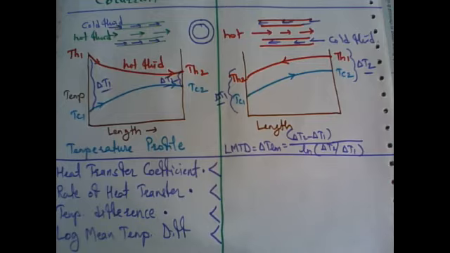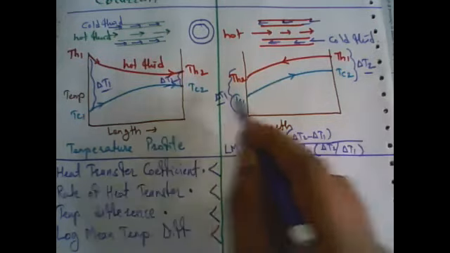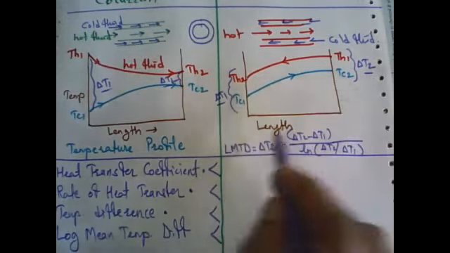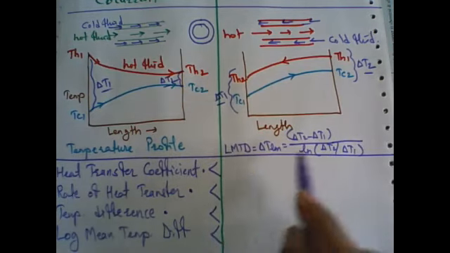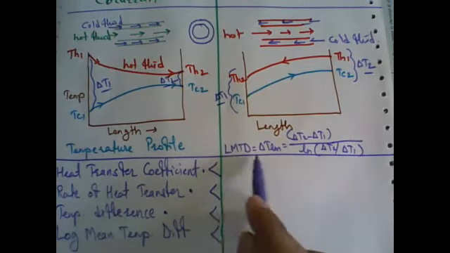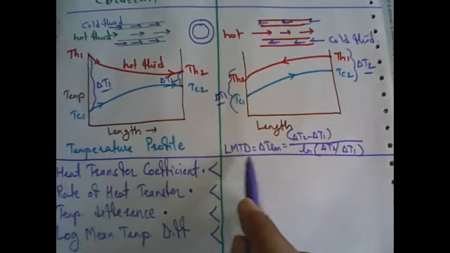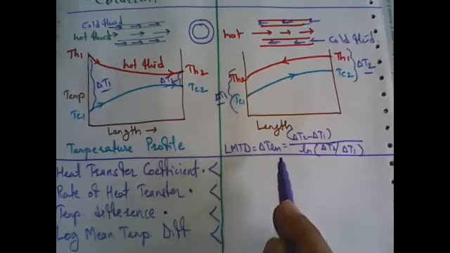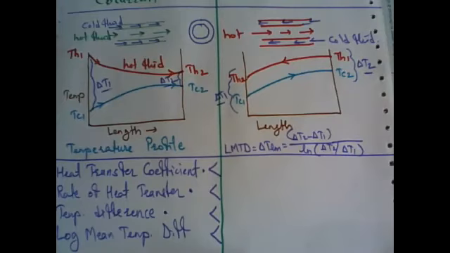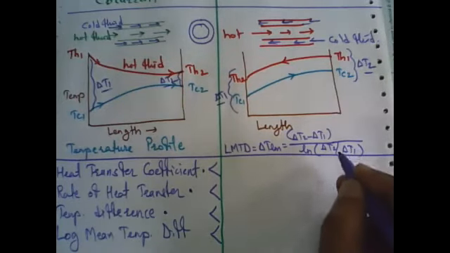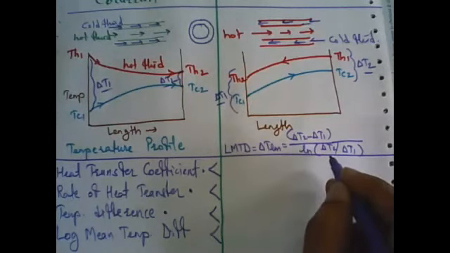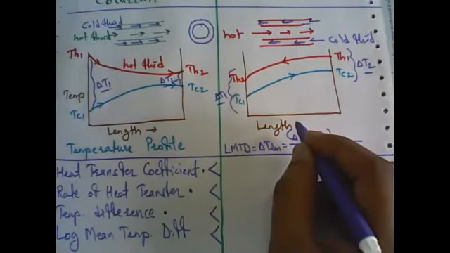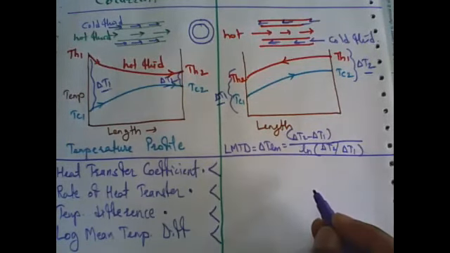On the basis of this, we can calculate the delta T1 and delta T2 values, and from them the LMTD, log mean temperature difference. Obviously, the LMTD value is greater in counter current flow, and it is found experimentally.